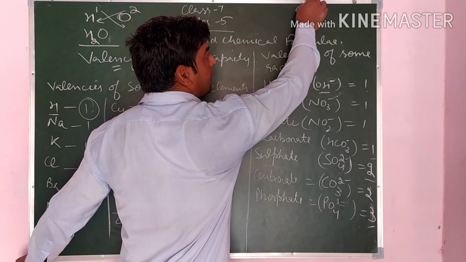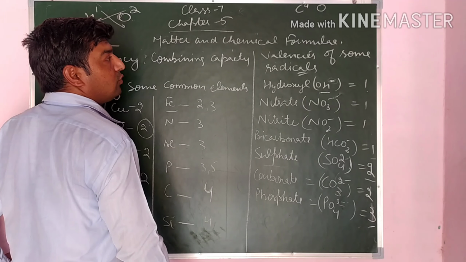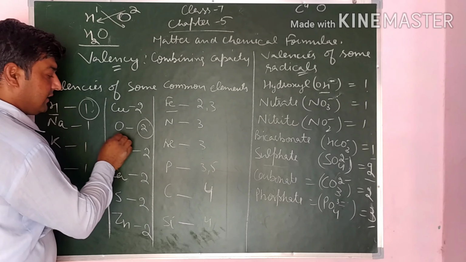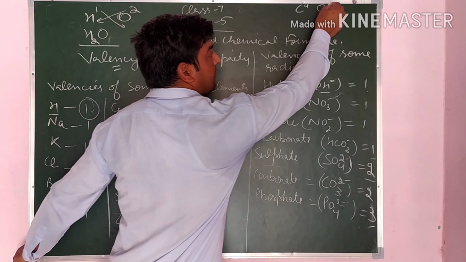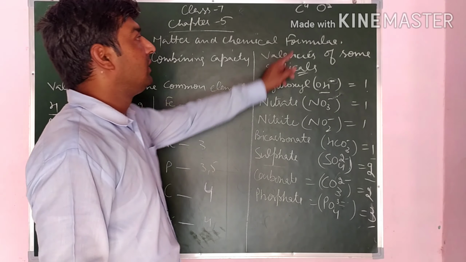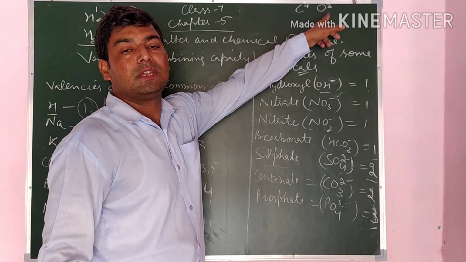So write 4 in the superscript of carbon, and the valency of oxygen is 2, so write 2 here. So the valency of carbon is 4 and the valency of oxygen is 2.